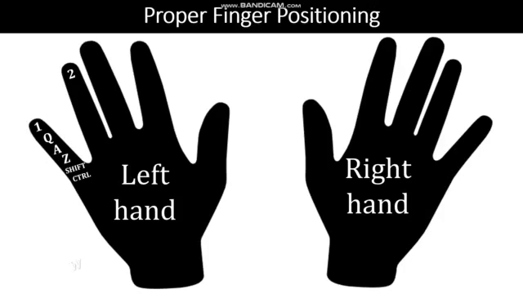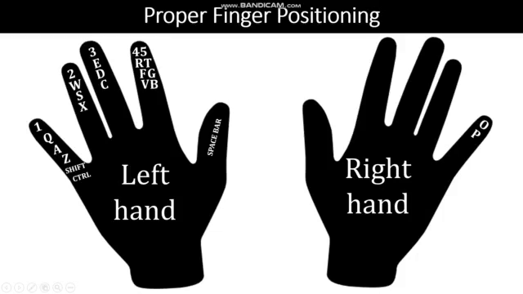Now the second finger is used to type W, S, X.